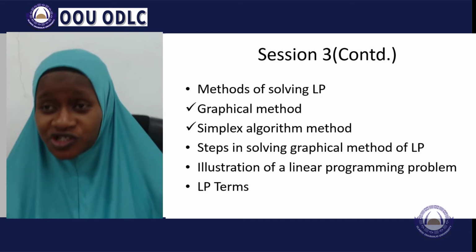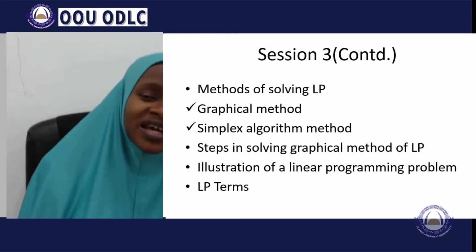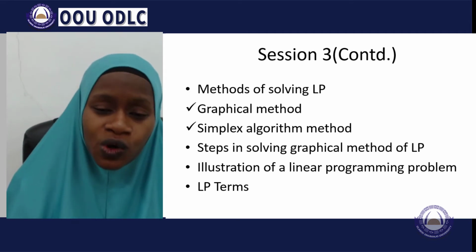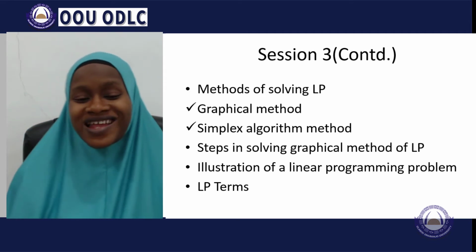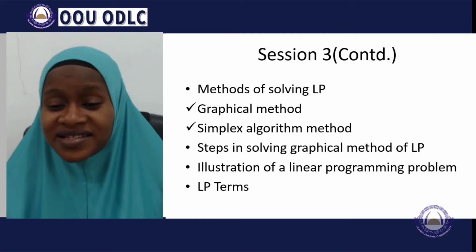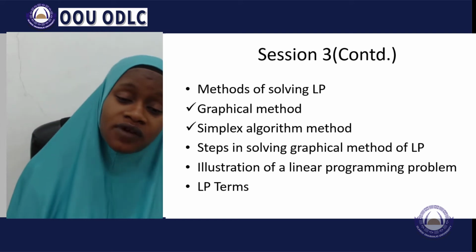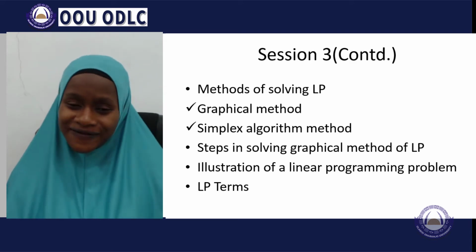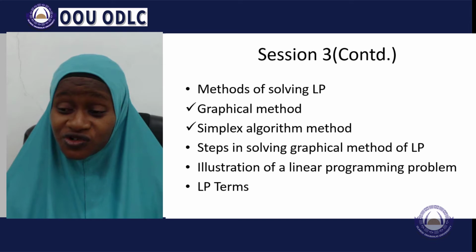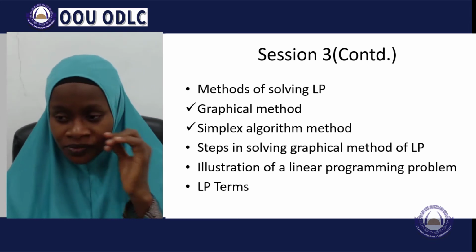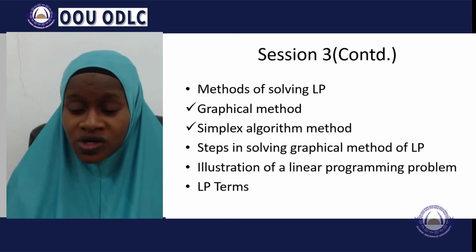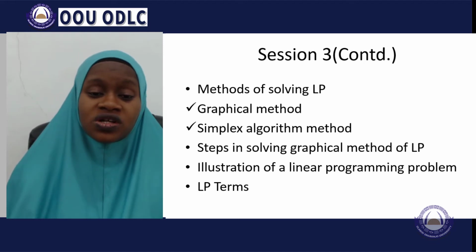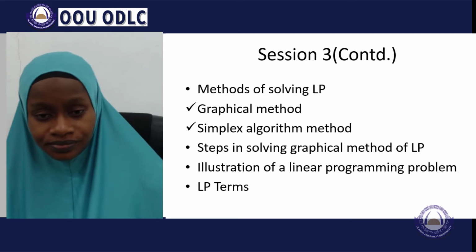Followed by the objective function. The objective function stipulates: maximize 6x1 plus 7x2. Then we have our constraint function, subject to 2x1 plus 3x2 less than or equal to 12, 2x1 plus x2 less than or equal to 8.